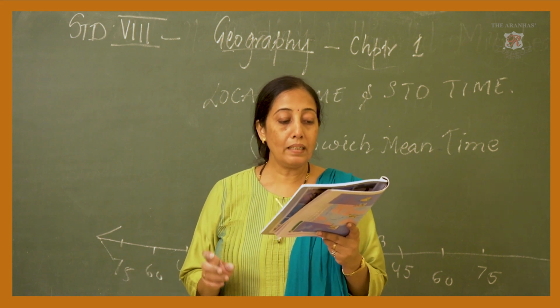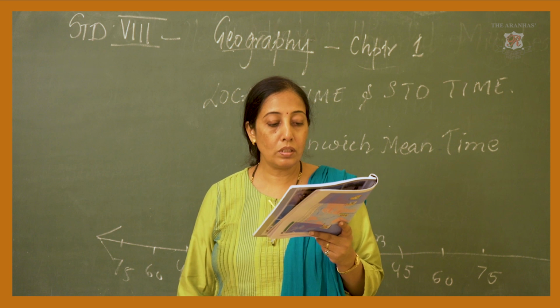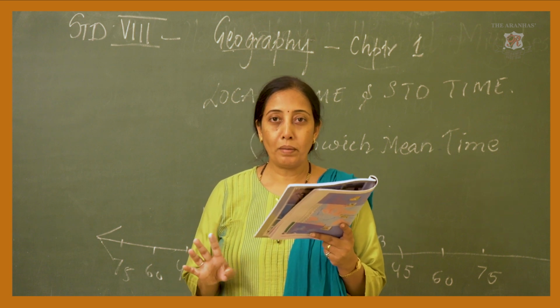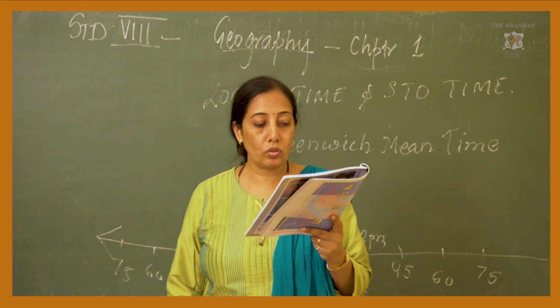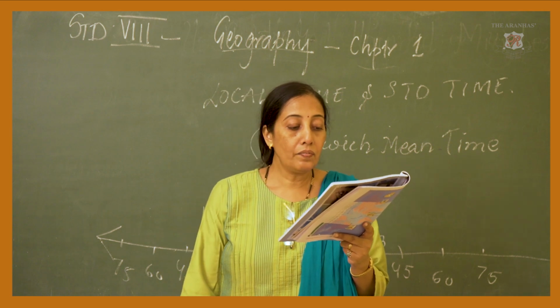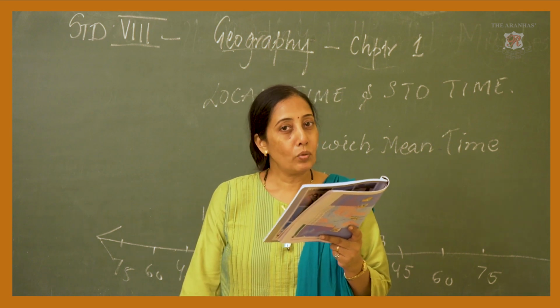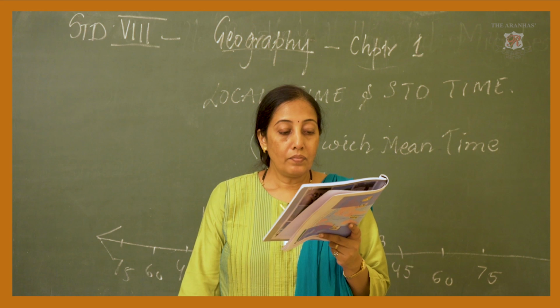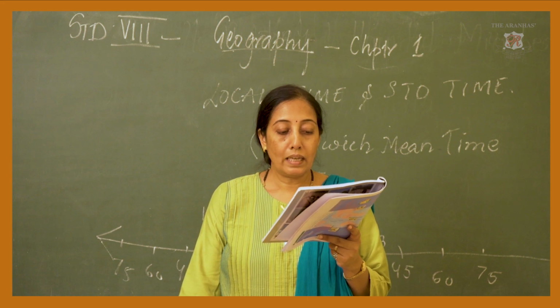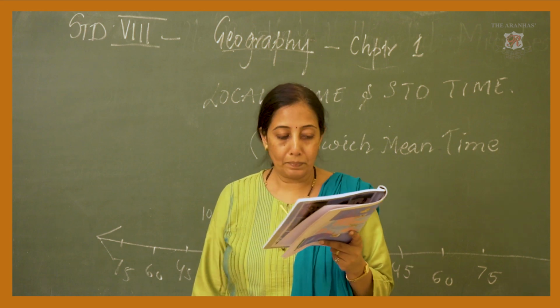Then, if we multiply the difference between the longitudes in degrees by 4 minutes, I have shown you that calculation also in the last class, then you can calculate the difference in the respective local time. The difference in longitudes can be known with the help of a globe or a map.